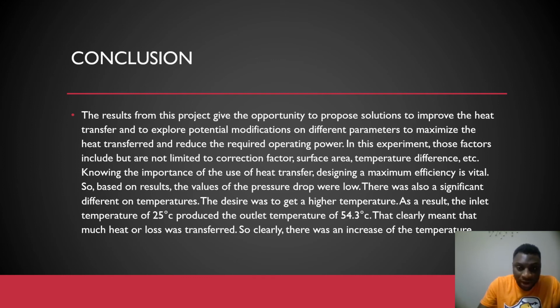We needed a higher temperature, so maybe some of these modifications, limiting the correction factor and increasing surface area, could increase this outlet temperature to probably 60 or 70, which is what will make a really good heat exchanger. From the understanding of the project, I understood that most heat was lost during the transfer.